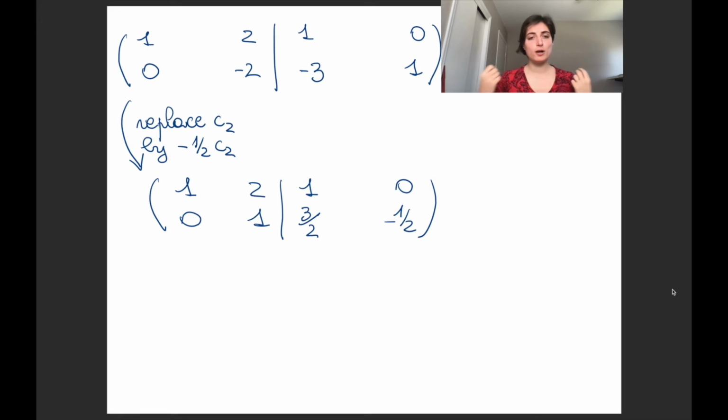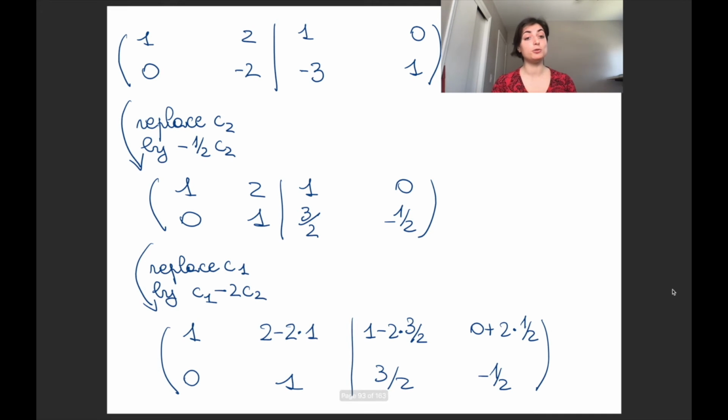So now we're quite close to finishing, but we want the left side to be the identity. So the last thing we need is to transform the top right corner, the 2, into a 0.